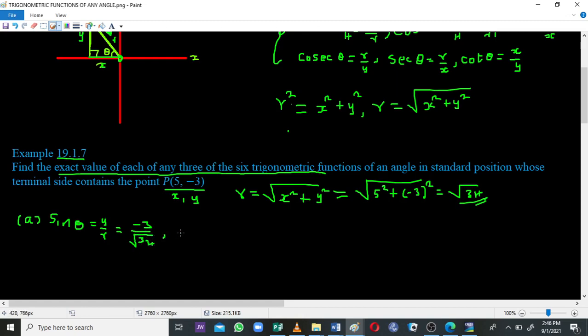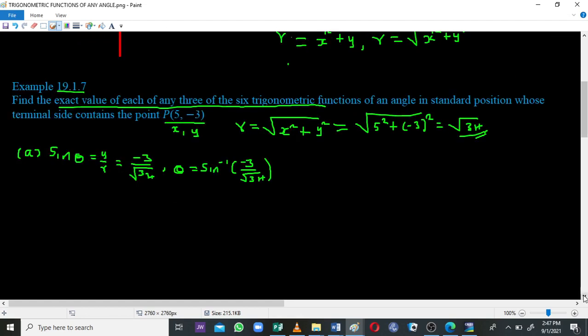If we want theta, the size of the angle, with the movement in the x-axis and y-axis by 5 and -3, we are going to have the inverse of sine of what we have inside the brackets, that's -3 over the square root of 34. If you use your calculator, you're going to find the size of this angle.